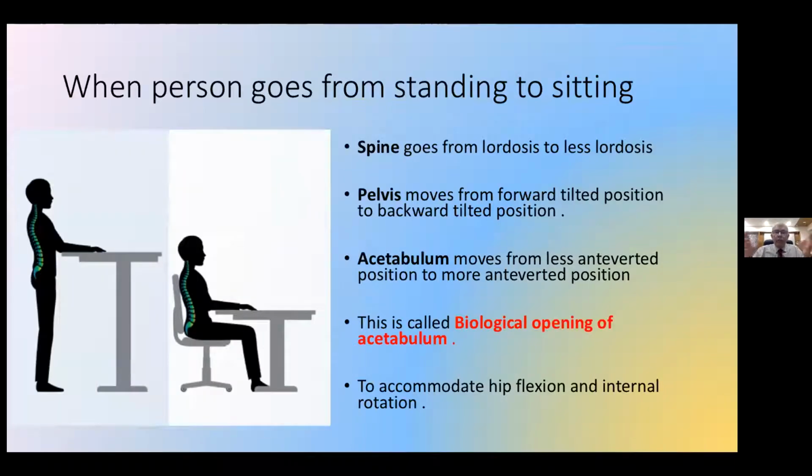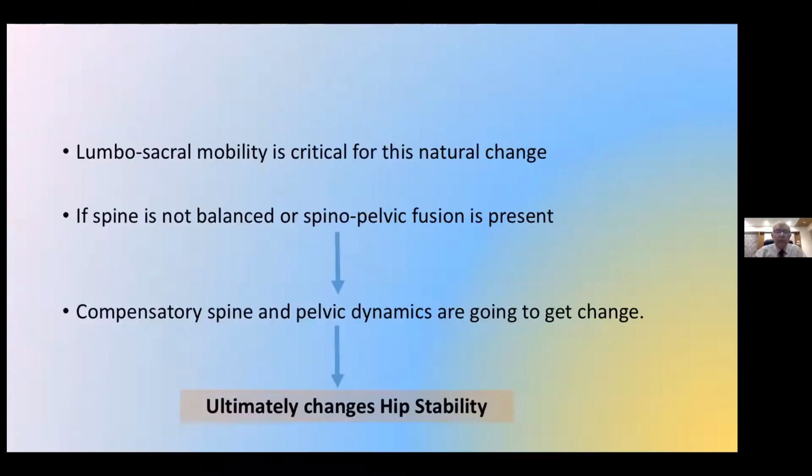So when a person goes from standing to sitting, the spine goes from lordosis to less lordosis. The pelvis moves from forward tilted to backward tilted. The acetabulum moves from less anteverted to more anteverted. And this is called the biological opening of the acetabulum. Remember, to accommodate hip flexion and internal rotation when you sit, your acetabular opening is naturally more. So there is more anteversion, which is known as the biological opening of the acetabulum.